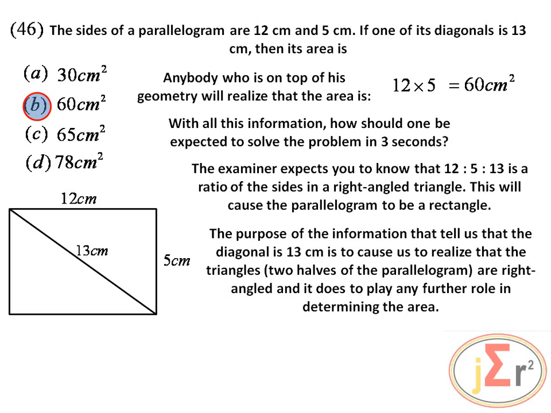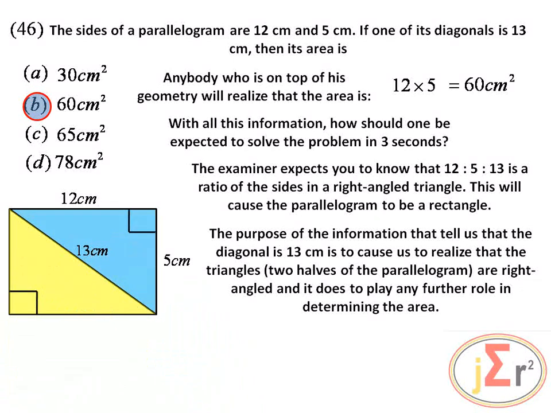So to tell us that the diagonal is 13 is just to cause us to realize that each half of the parallelogram, as we have them right there, is represented by a right angled triangle. And of course 13 will play no further part in determining the area of the parallelogram, which turns out to be a rectangle.